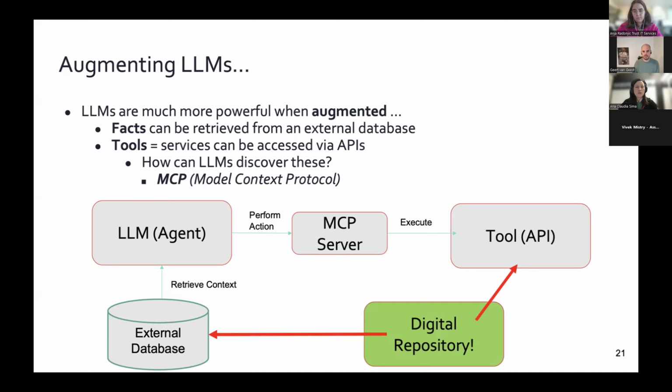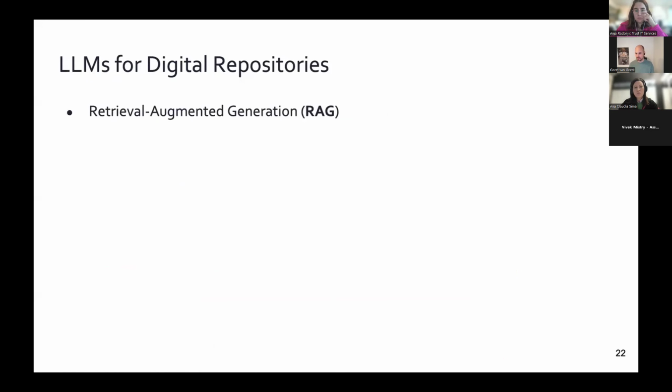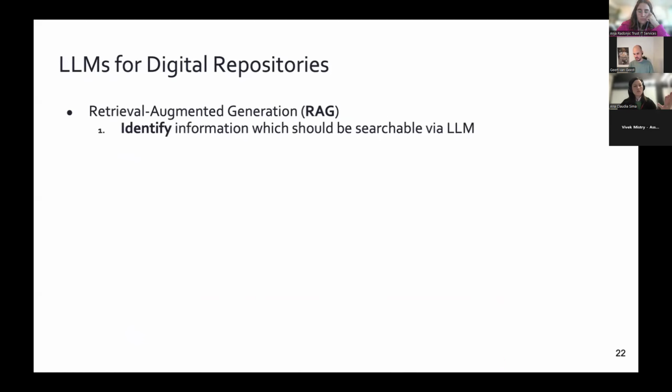So what we will talk about in the next parts of the webinar will be concrete use cases that show exactly how this can be achieved through some examples at the SIB. There are two possible ways that we can go about this. One is the so-called retrieval augmented generation, RAG, where the first step is basically to identify what information you would like an LLM to be able to search through.